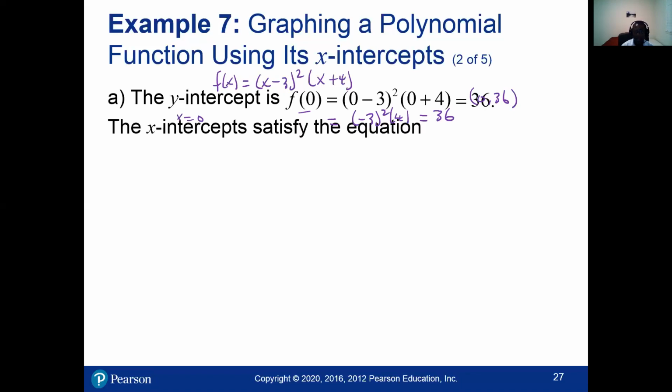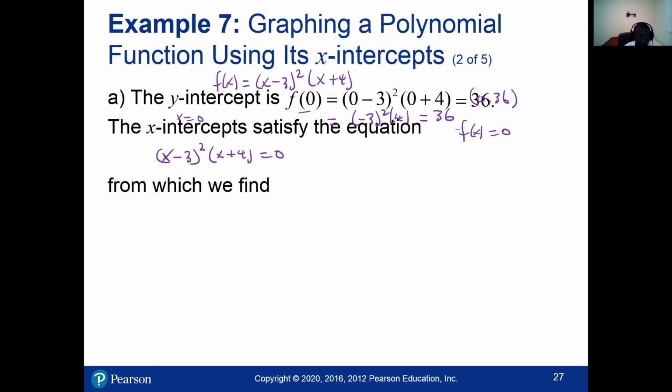Then we need to find the x-intercepts. For the x-intercepts, we have to solve the equation f of x equals 0. If f of x is equal to 0, it means we take this whole function, (x minus 3) squared times (x plus 4), and set it to 0.